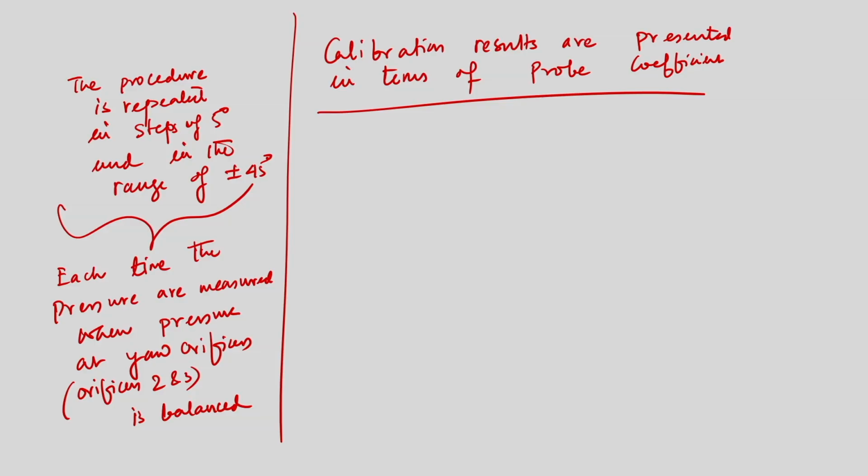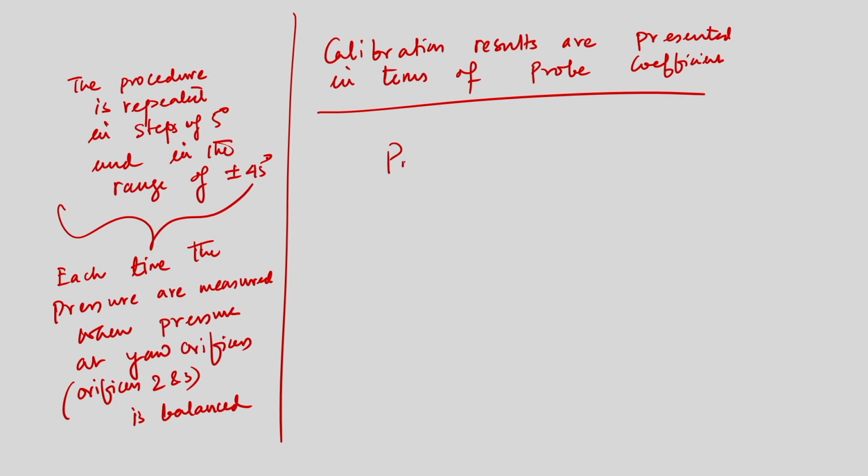One thing we need to note is that each time of the calibration, we need to measure pressure from the manometer only when the pressure at orifices 2 and 3, that is at null orifices, is balanced. So, now this calibration results can be presented in terms of the probe coefficient. So, we can define a few probe coefficients, which we will write now.